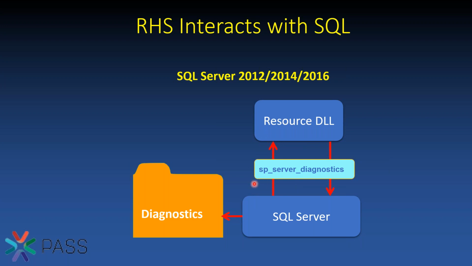At the same time, we also create a hidden extended event session called the diagnostics data, the system health XEL. And the information that is sent back to the RHS process is also dumped into an XEL file. I will show you where that XEL file lives and what's in it.